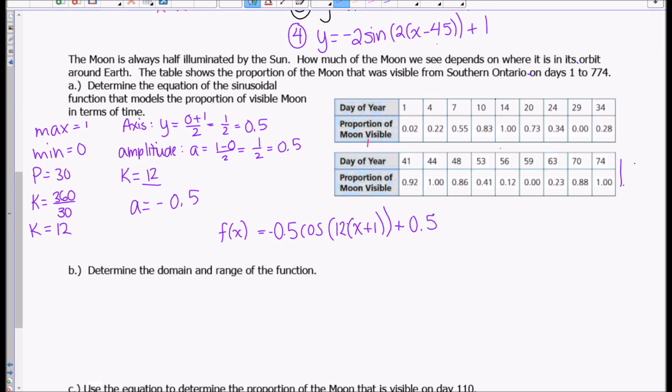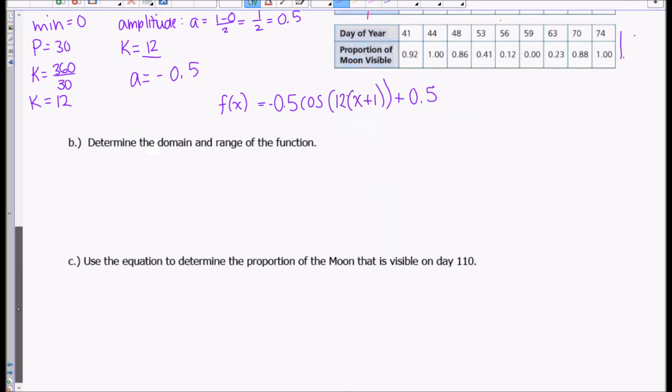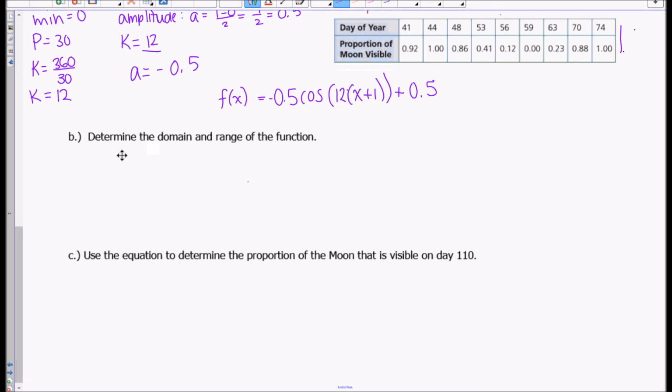Okay, all right, part B, determine the domain and the range of the function. Well, remember our domain is our x values, and our x values are time, so we're talking about days of the year, so that means it has to be between 0 and 365.